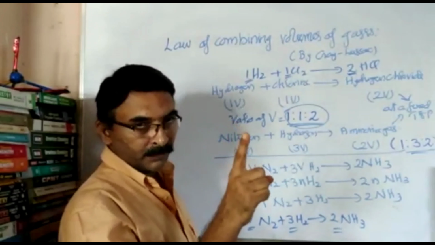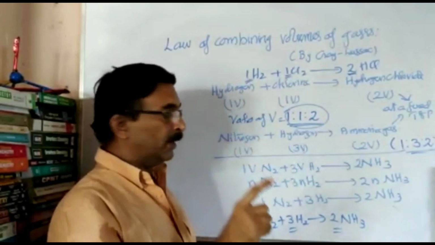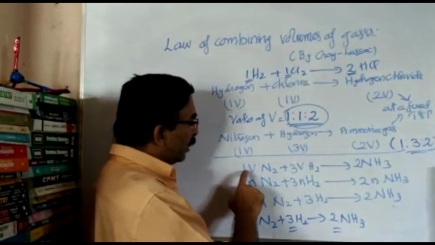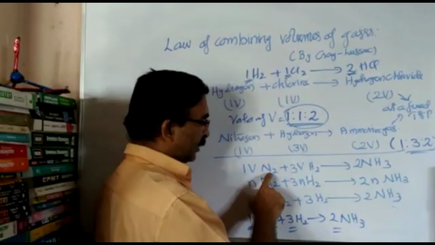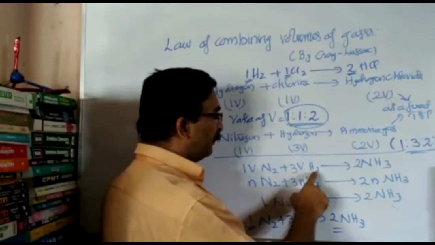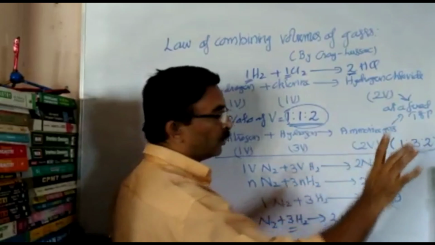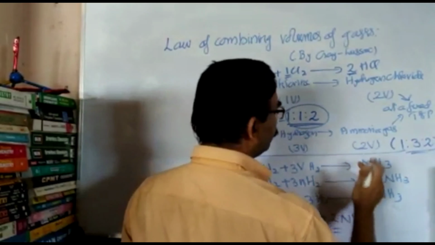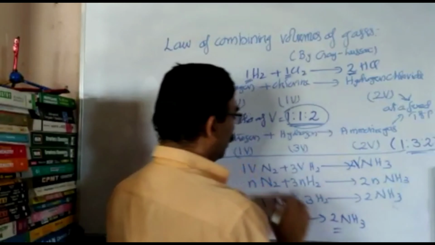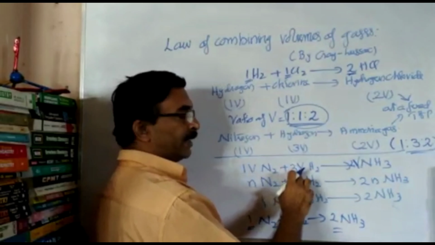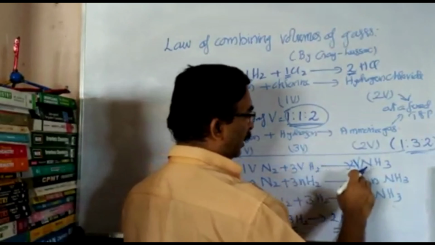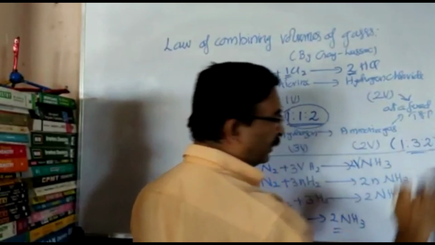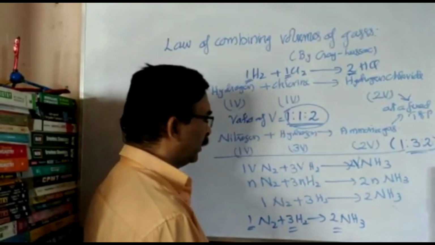Suppose they found that 1 volume of nitrogen reacted with 3 volumes of hydrogen, producing 2 volumes of ammonia, at the same temperature and pressure.